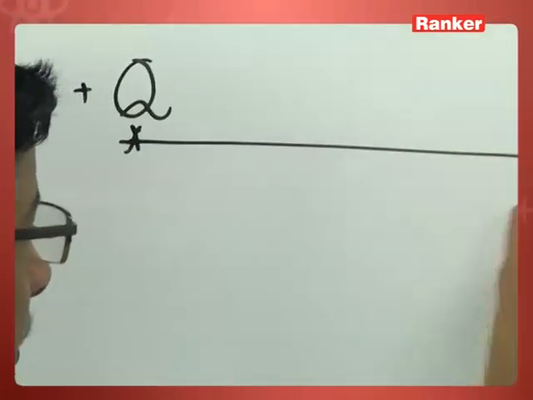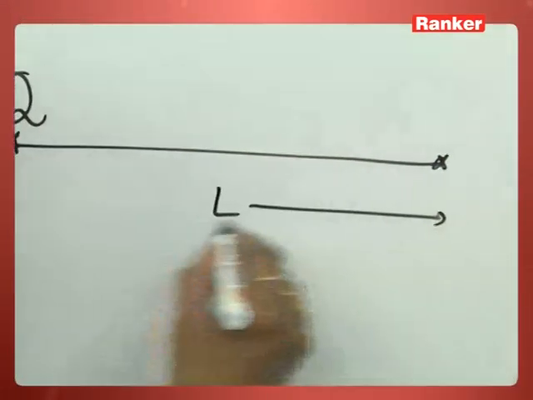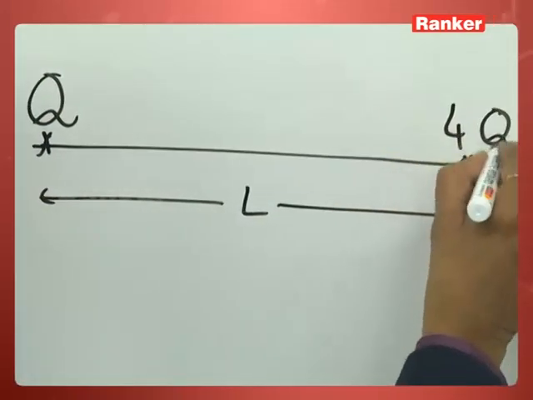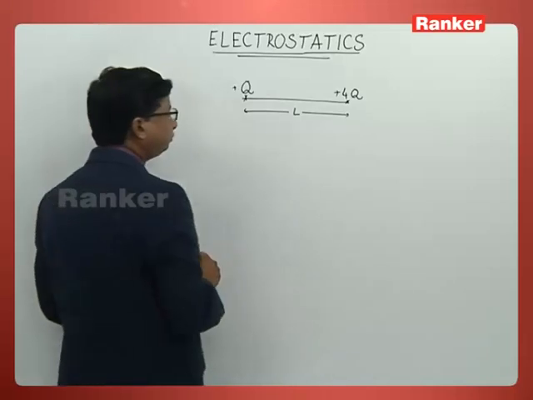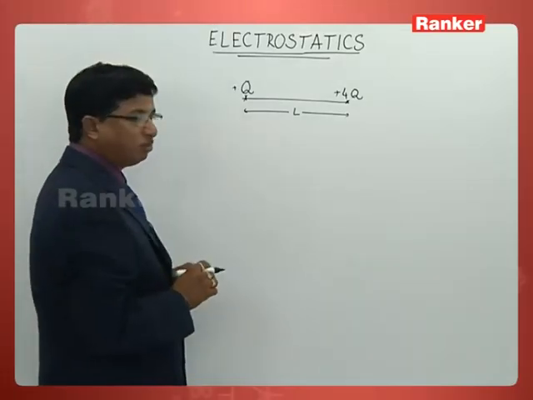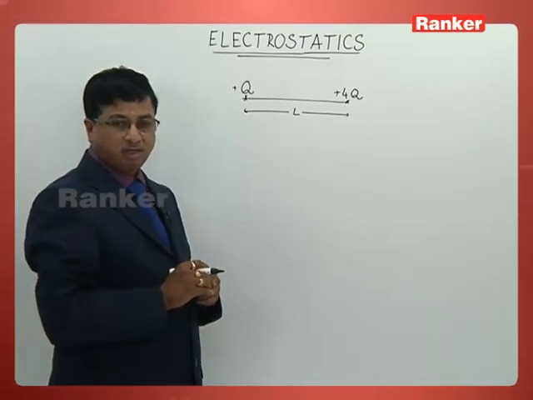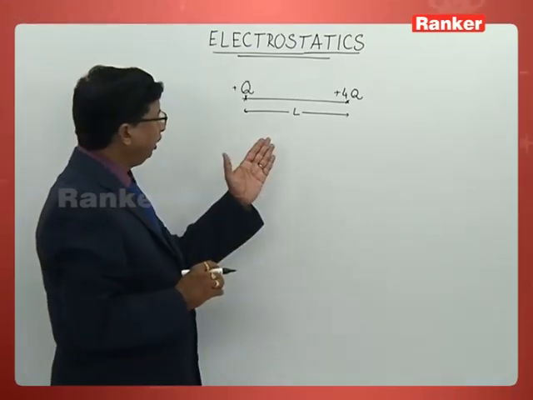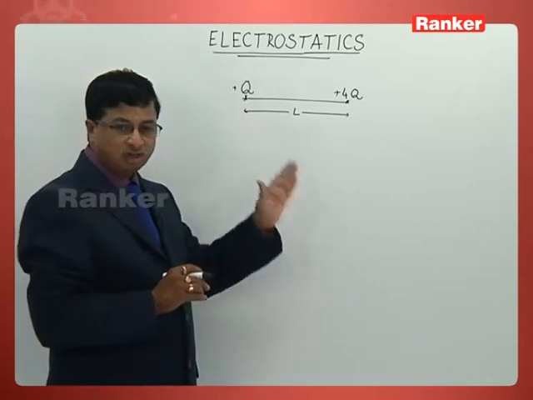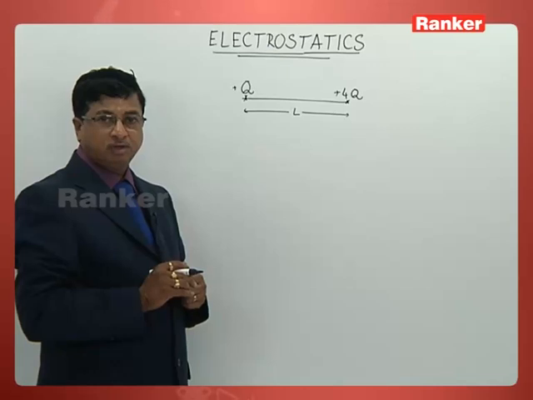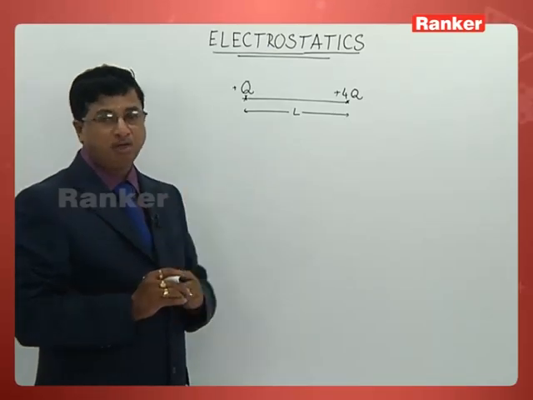Exactly at a separation distance of L, there is another charge that has been placed over here as plus 4q. This is the description given in the problem. But what is his question ultimately? Where should a third charge be placed in between for the system to be in equilibrium?